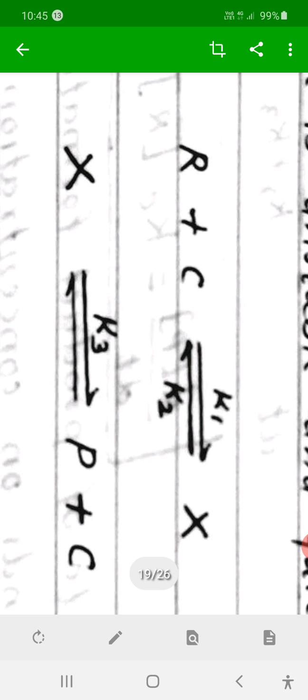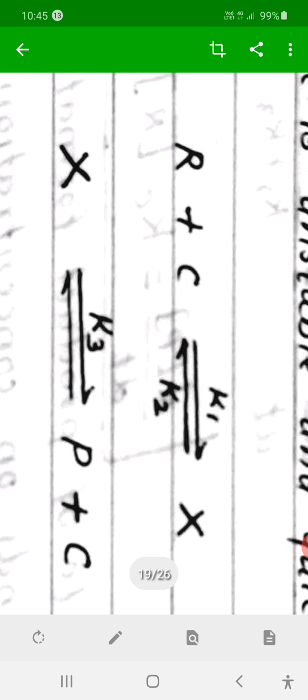Why constant? Because the rate of formation of X is equal to the rate of degradation of X. How is X formed? X is formed by the forward reaction, R plus C gives X, with rate constant K1. How does it decompose?